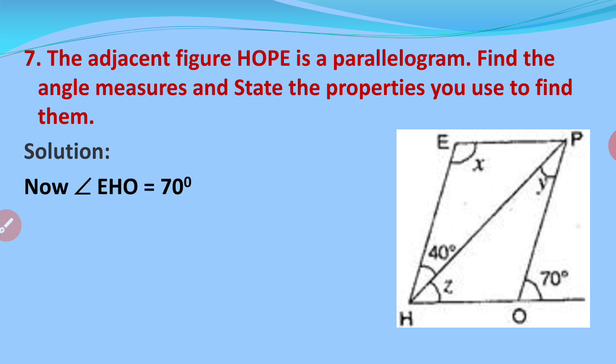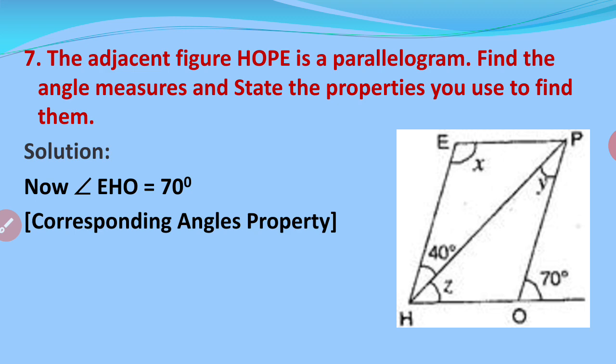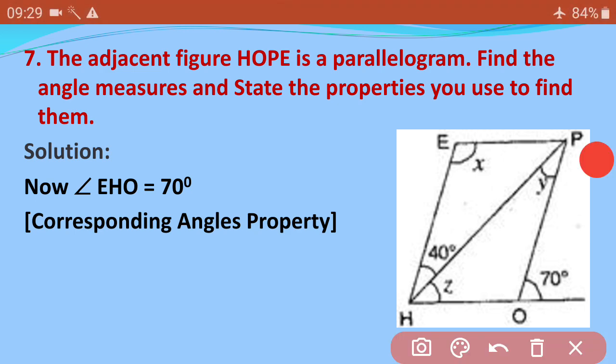Angle EHO is equal to 70 degrees. The reason is it's a corresponding angle. Here we have considered these two parallel lines and this as the transversal. So these are corresponding angles.